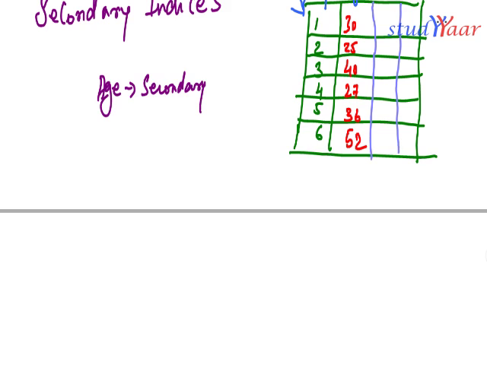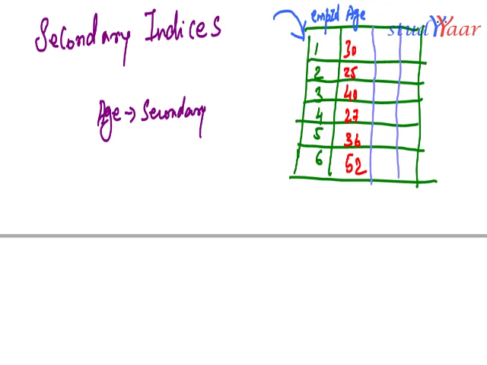Just understand that a secondary index is always dense. Why is it dense? Let's suppose I want to find the person with age 36, and in my index, let's suppose I have an entry for 25.